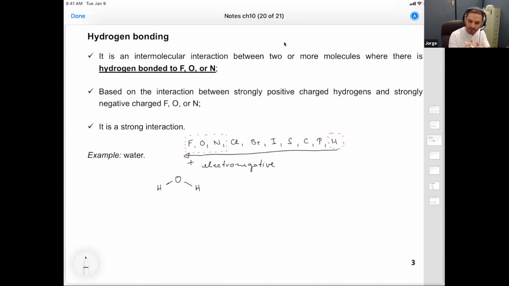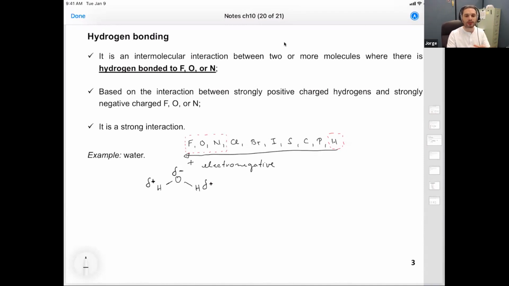Okay, so it's very, very close to fluorine, oxygen, or nitrogen, and very far from the hydrogen. So because the charges are so split, that creates a very strong accumulation of the electron cloud on the oxygen and a very strong deficiency of the electron cloud on the hydrogen.